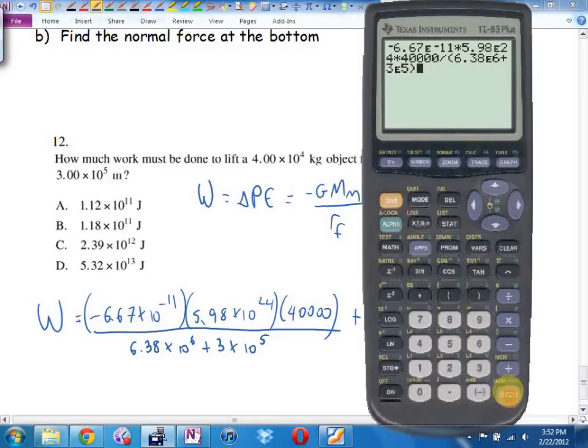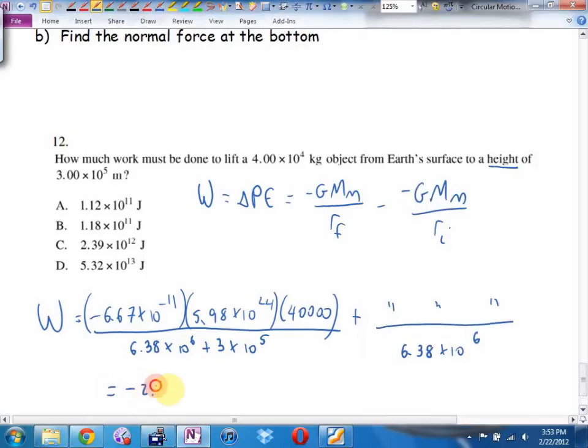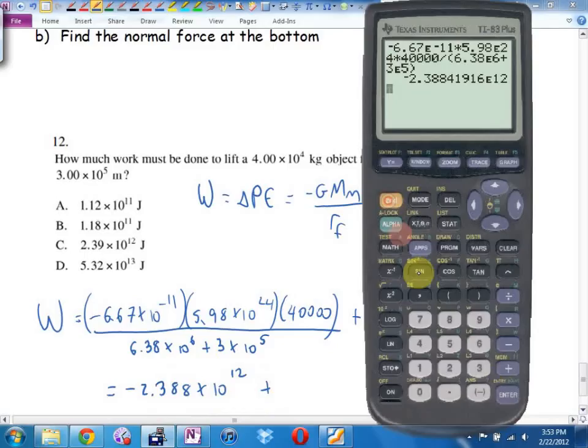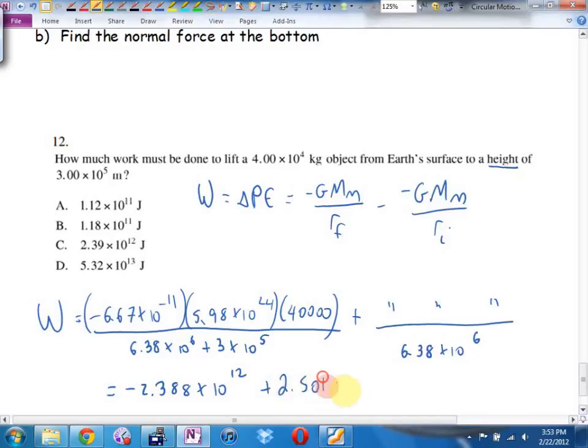Okay, that's the first number. I get negative, final is negative 2.388 times 10 to the 12th. Double check. That's correct, that's correct. That's negative 2.388 times 10 to the 12th plus, nuke the negative, nuke the altitude, 2.501 times 10 to the 12th.